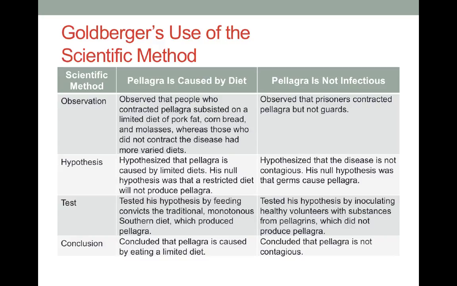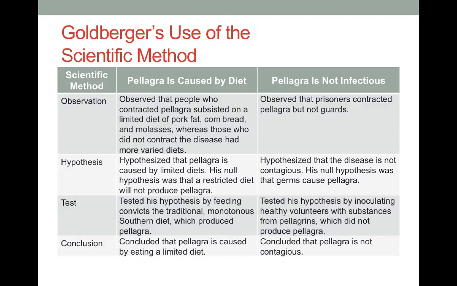He hypothesized that pellagra is caused by a limited diet. So he conducted a test by feeding convicts the traditional monotonous southern diet of pork fat, cornbread, and molasses, and that produced pellagra. Therefore, he concluded that pellagra is caused by eating a limited diet.